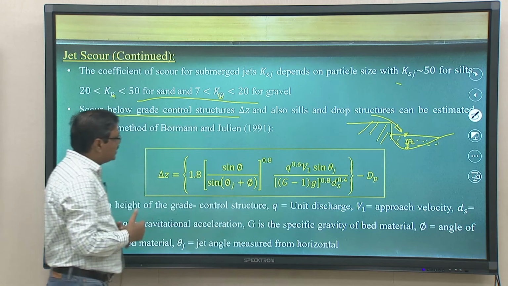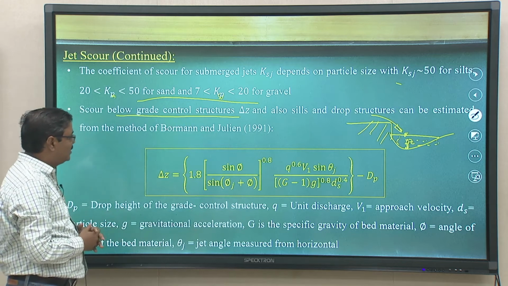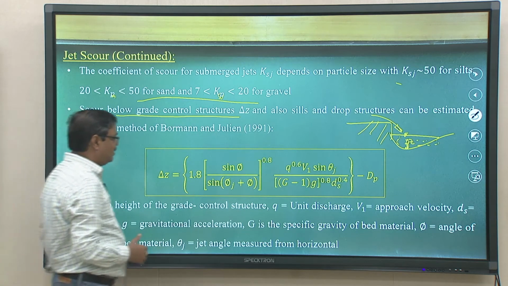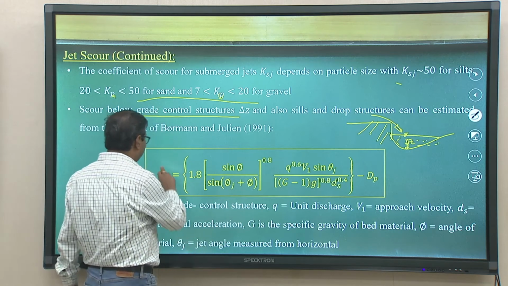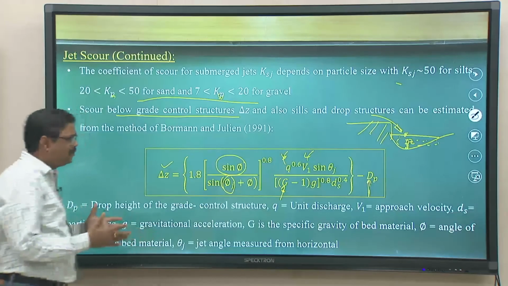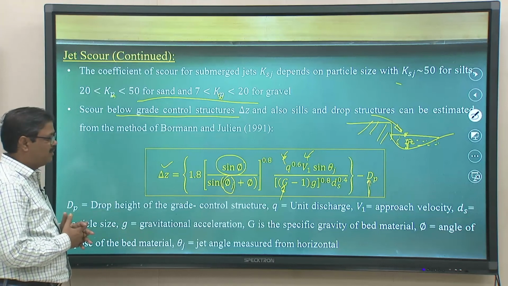If you look at the same experimental works, the equation looks a bit lengthy. Delta Z is a function of sin phi, phi j, g the specific gravity of the bed materials, you have q, v1 and d phi. So, it is a complex equation, but it is not that complex in today's world.